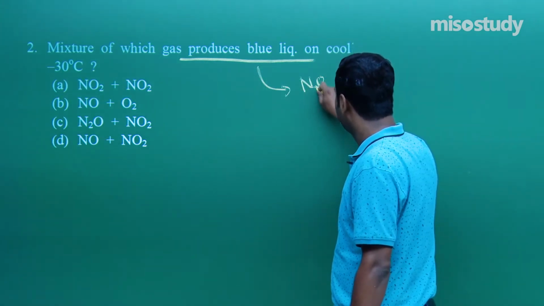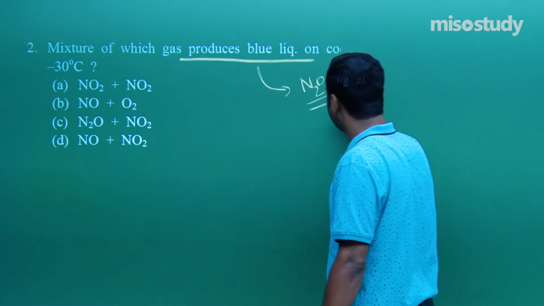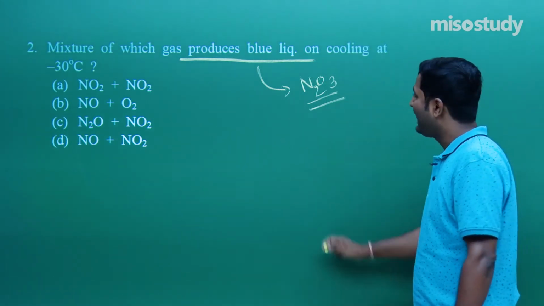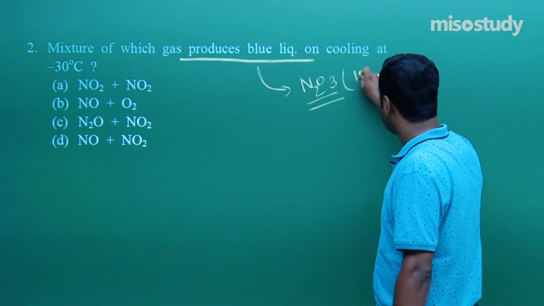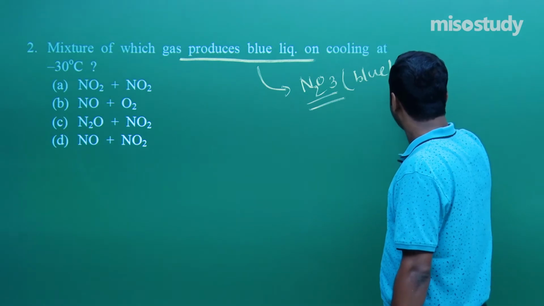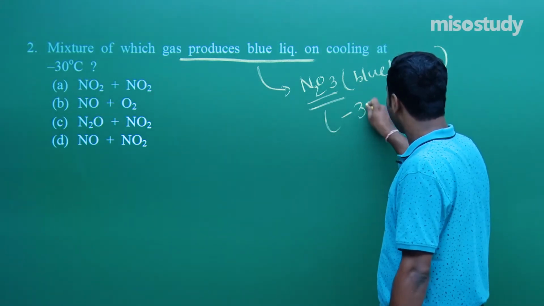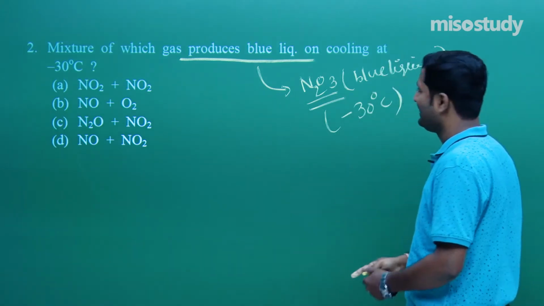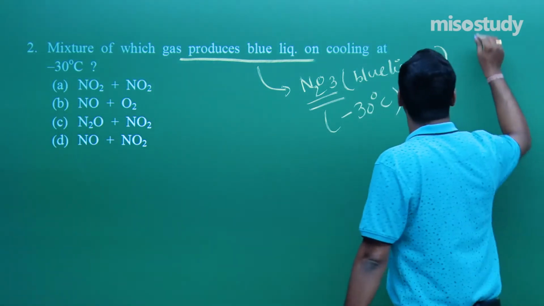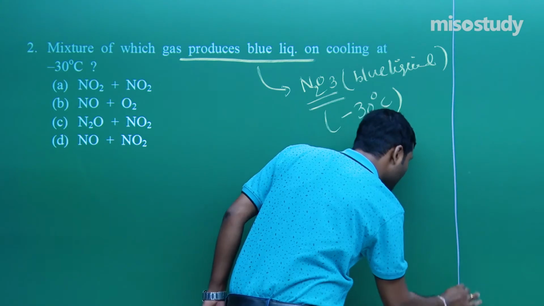if N2O3 is formed, then it is a blue liquid, clear to you, and it forms at minus 30 degrees centigrade. So which composition is required to form N2O3?